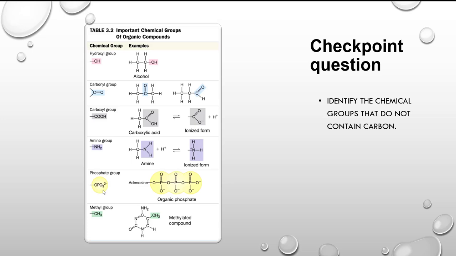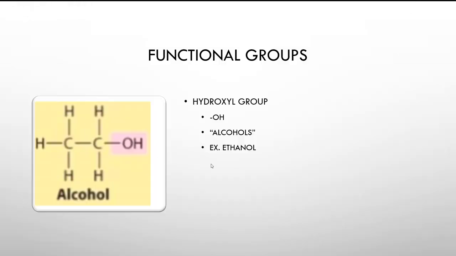Okay, so we're going to go through some examples of these functional groups. We'll go through the first 3. We'll talk about them though. Starting with the first one, we have the hydroxyl group. If you look at the hydroxyl group, sorry it's a little fuzzy there, we have a hydroxide attached.